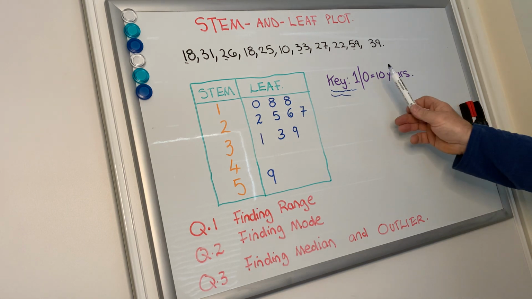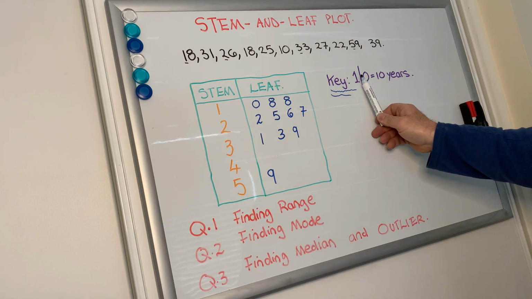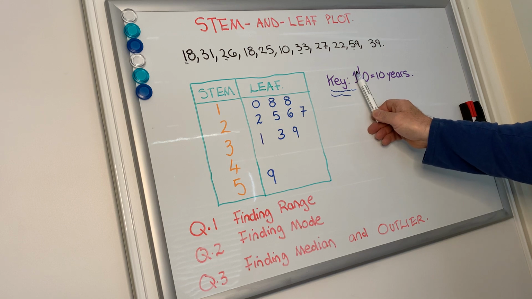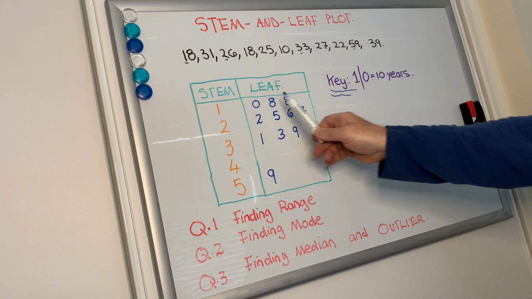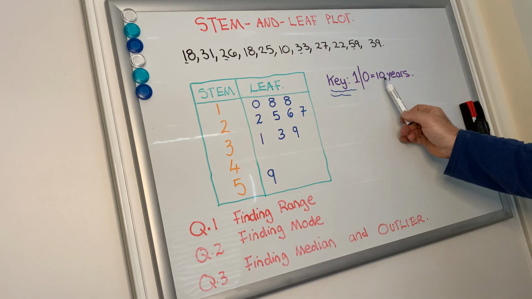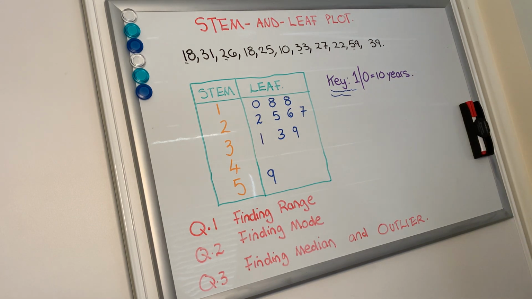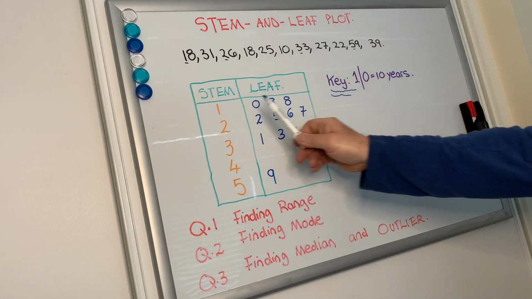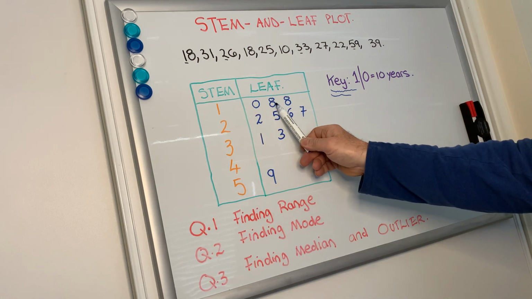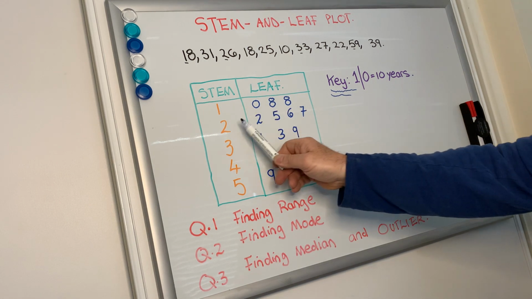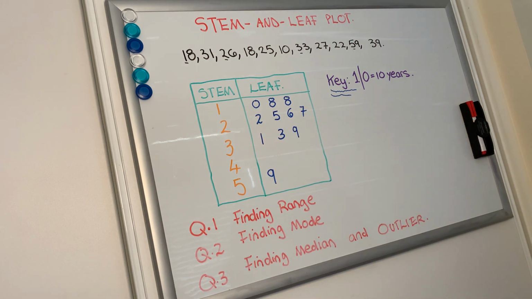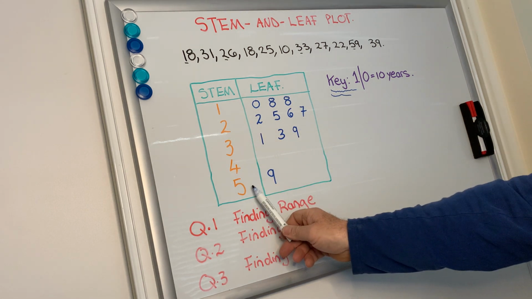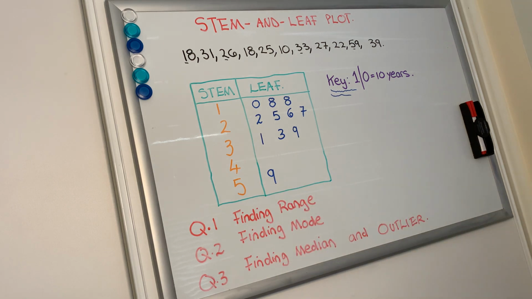If you think of the stem value, in this instance 1, and then the leaf value, which is 0, a 1 and a 0 is the same as saying 10 years. That's how we read it. For example, the 1 and the 8, that's 18 years. The 2 and the 2, that's 22 years. And likewise, the 5 and the 9, that's 59 years.